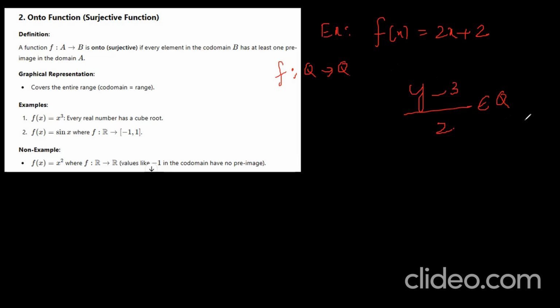So this is the domain, and for all values of y belonging to Q, that is the codomain. So is it a surjection? Yes, definitely, because any pre-image of y, that is y minus 3 by 2, belongs to Q. Okay, got it?